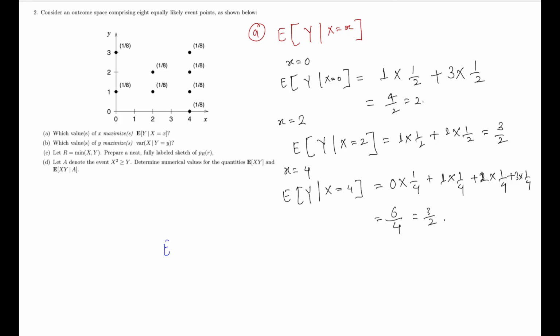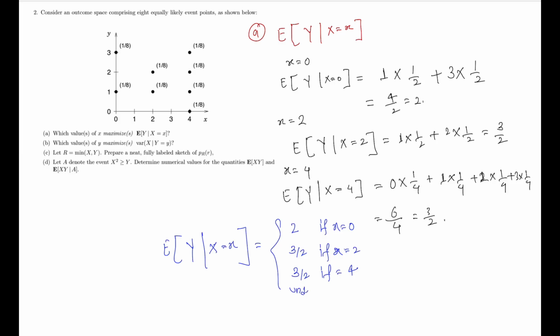The conditional expectation of random variable Y, given the condition that random variable X takes the value little x, will be equal to 2 if x equals 0, equal to 3 divided by 2 if x equals 2, and equal to 3 divided by 2 if x equals 4, and it will be undefined otherwise. It will not be 0, but it will be undefined.